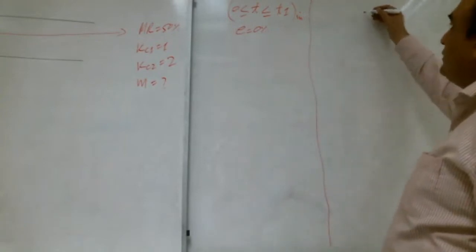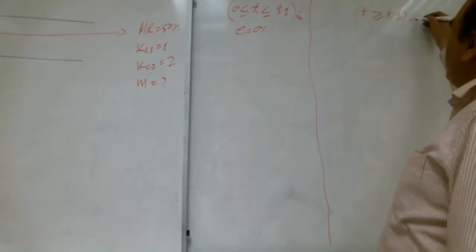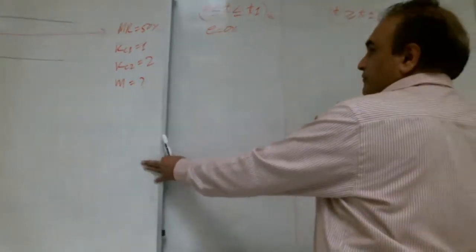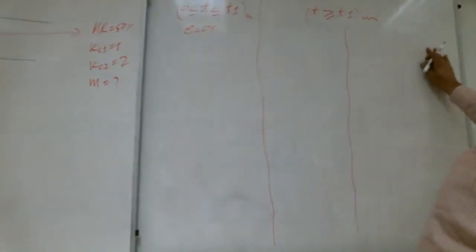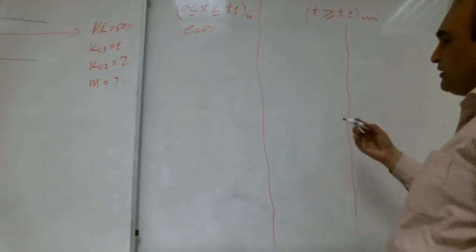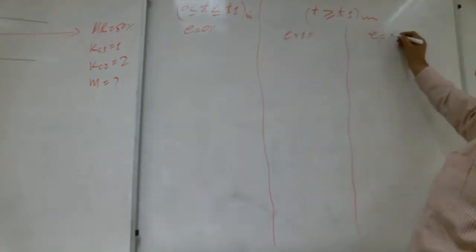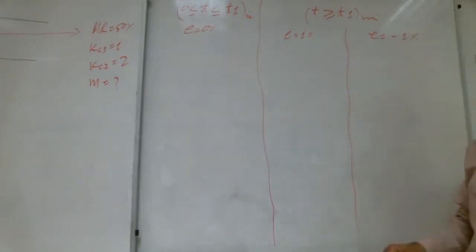And the second part, T is greater than or equal to T1 minutes. What is the error here? Here two errors, one is 1% and the other is minus 1%. Right, Shabab?